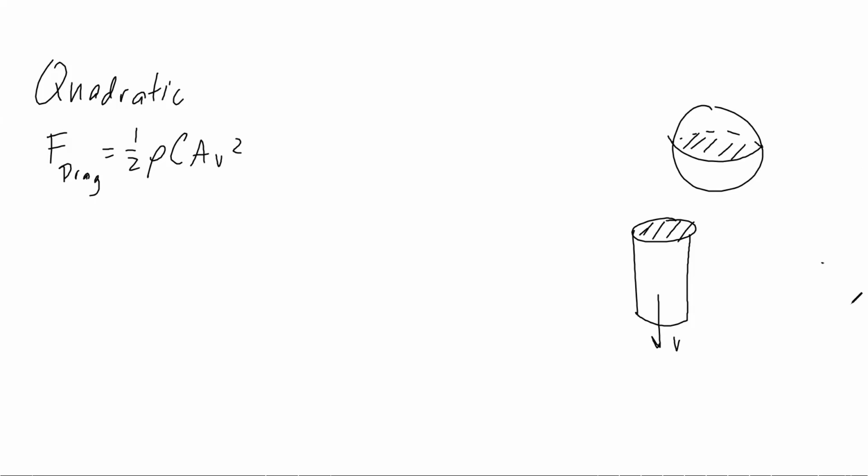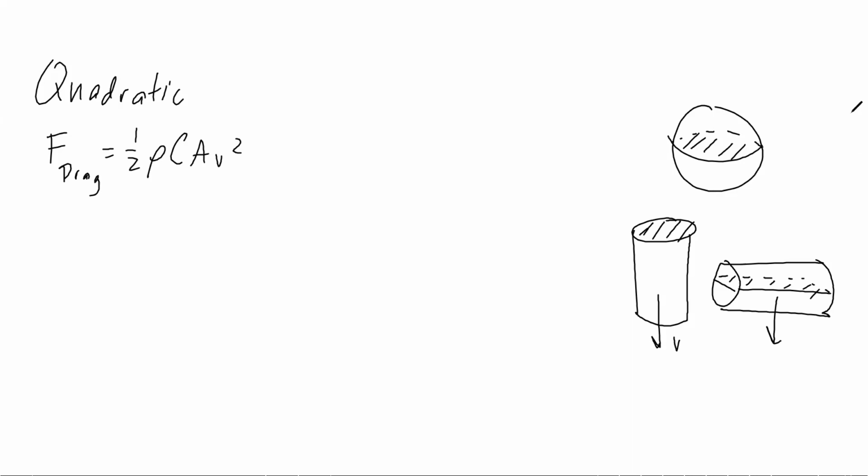If it is moving down that way, then the area is a rectangle. Like that. So the cross-sectional area will change depending not only on the object, but on the shape of the object as well, and the direction of motion, the orientation of the object.